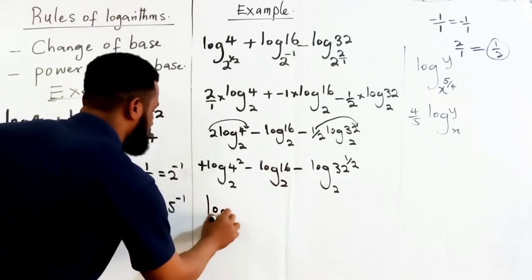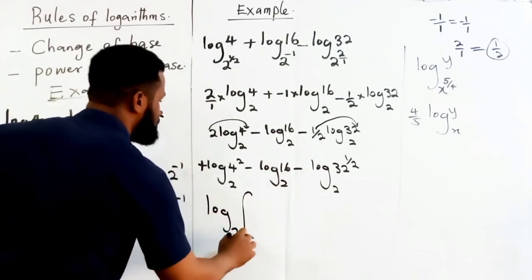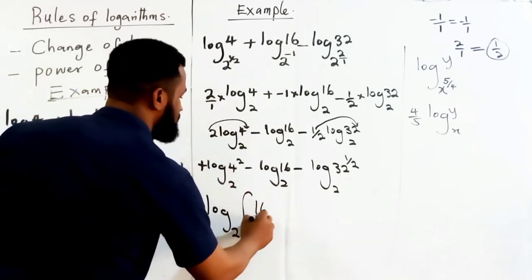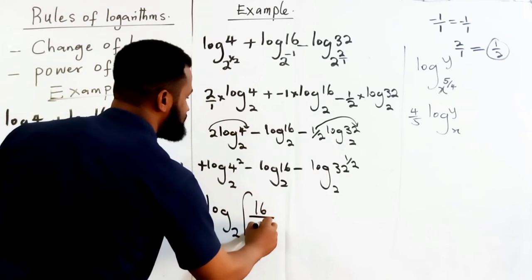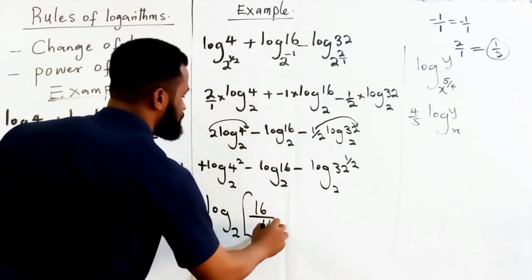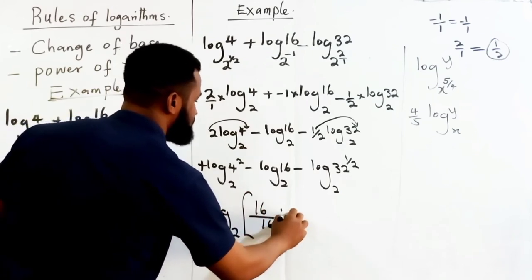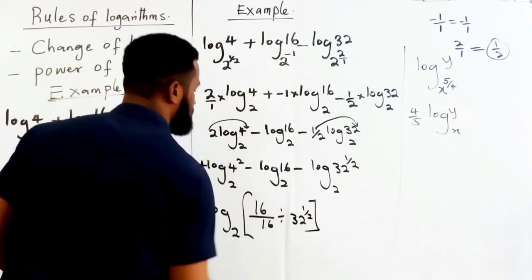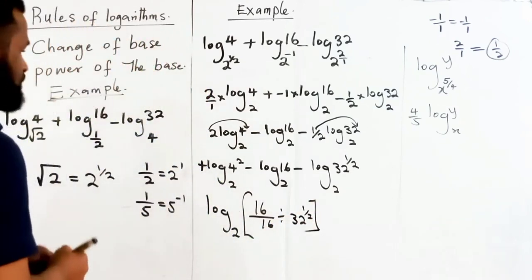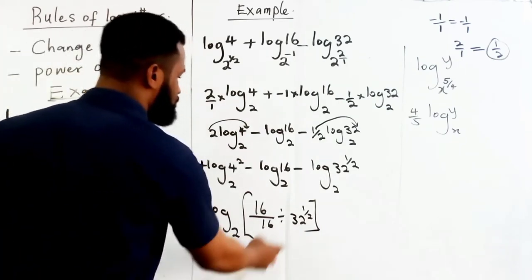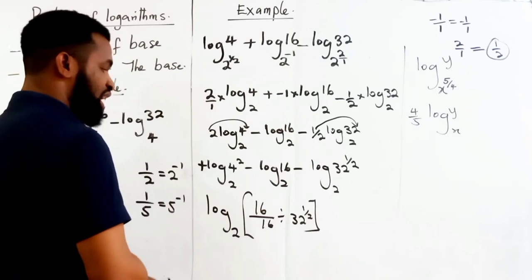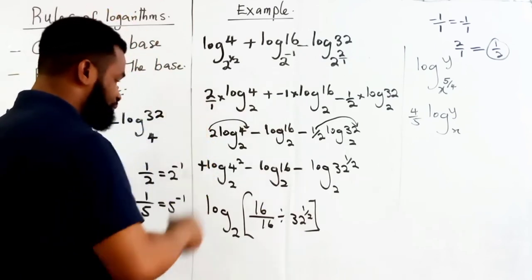So I'm going to have log base 2, 16, because 4 raised to the power 2 is 16, divide by 16, also divide by 32 raised to the power 1 over 2. That is all. All right? So I'm going to treat this as it is.